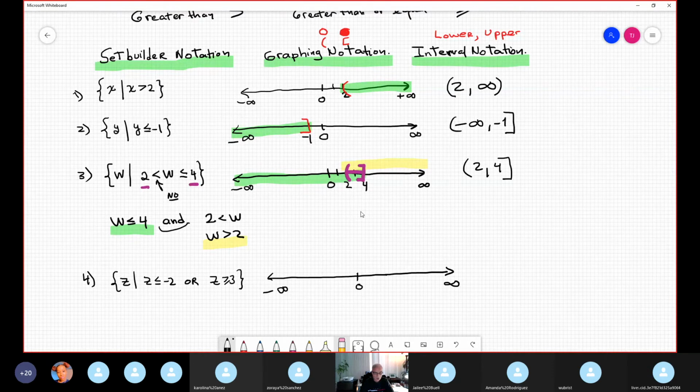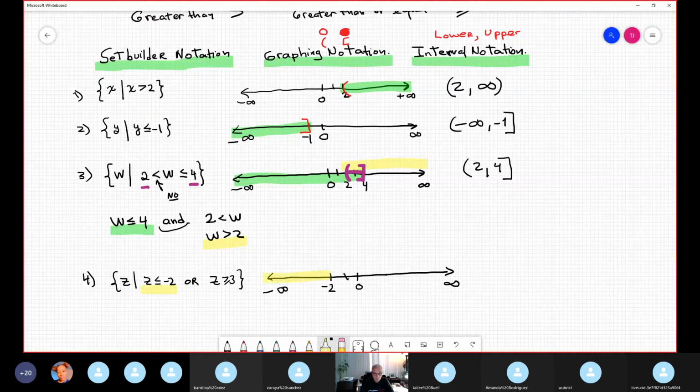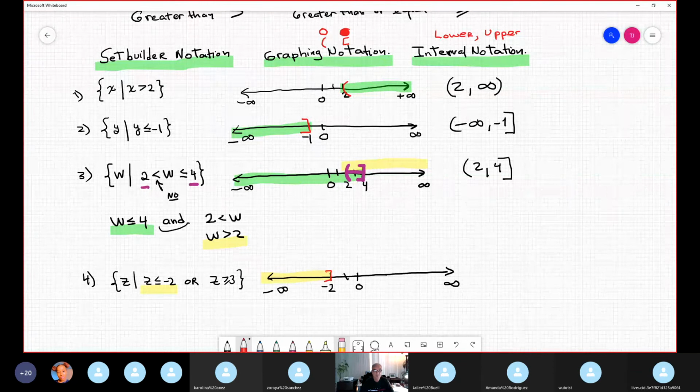This is 0 here, and we focus on the first part. It is -2, -1, -2. In what direction? One to the left, including -2, of course, because I see the equal sign here, so a bracket. Okay, let's see the second part.